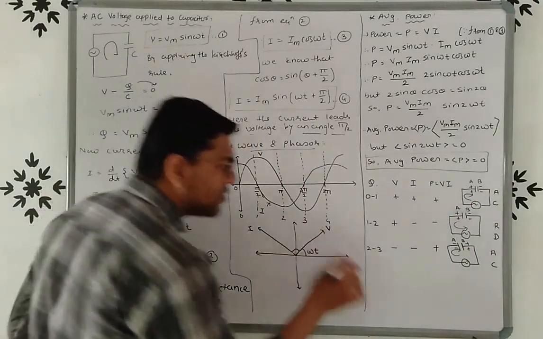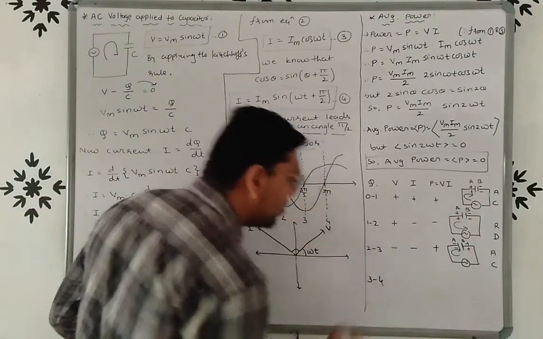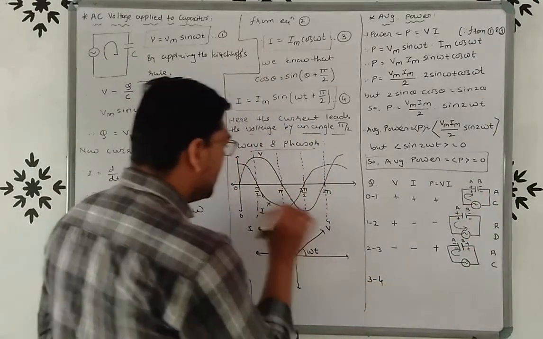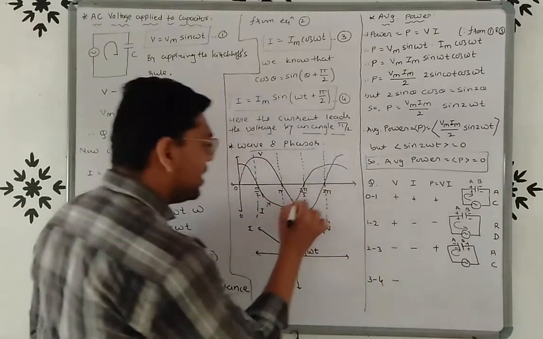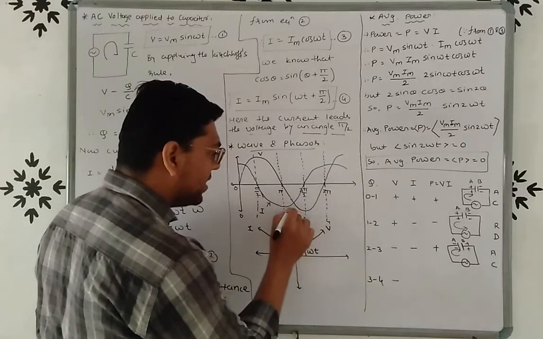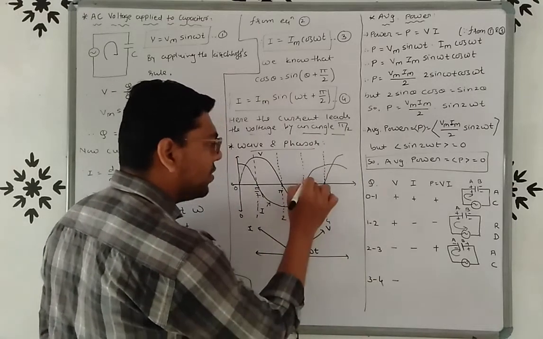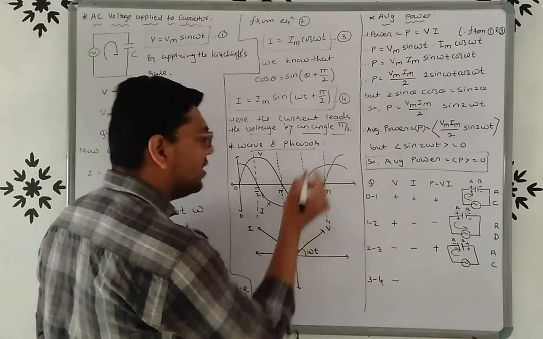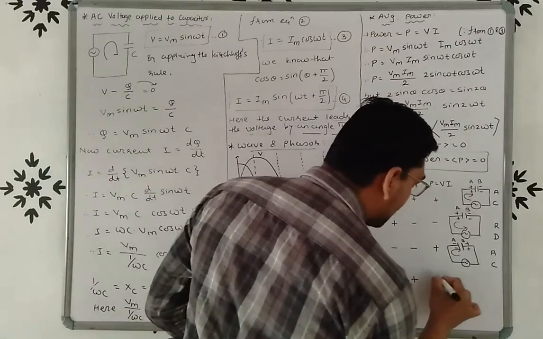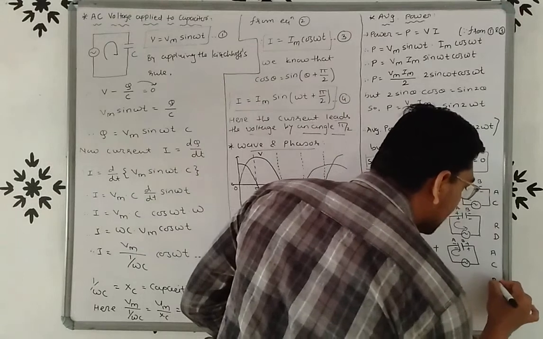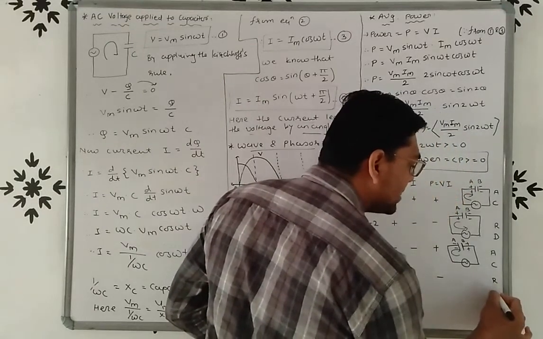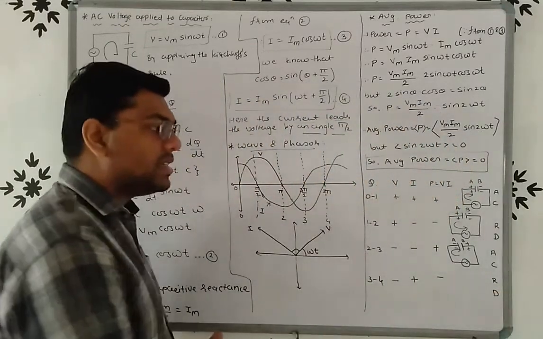Now the last quarter, from 3 to 4. Here the voltage is negative, but in this fourth quarter the current is positive. So the product is negative, and once again energy is released. As the energy is released, the capacitor starts discharging.